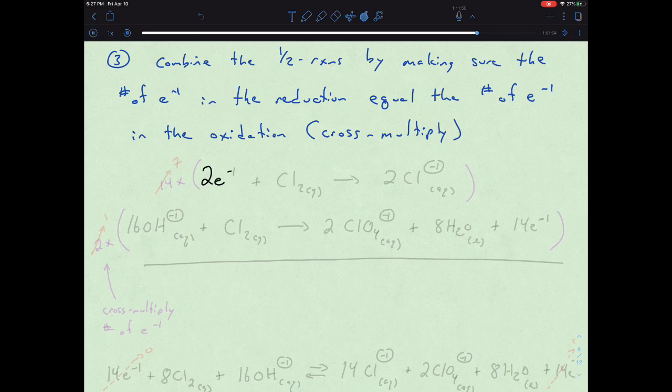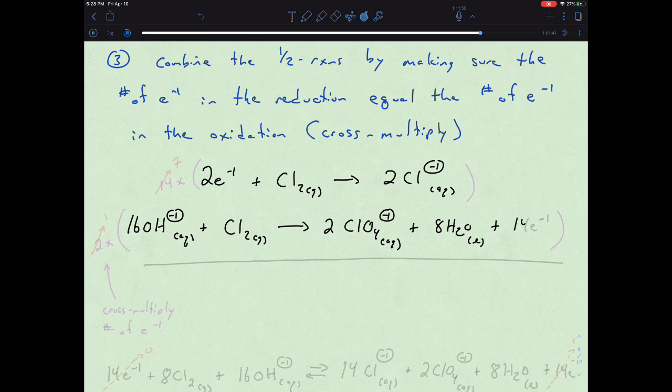Right, our first reaction for the reduction looks like this, or looked like this, where we left off. 2 electrons plus a chlorine gas gives us 2 chlorides, and then we also had now our oxidation of that chlorine to produce perchlorate, and water, and 14 electrons.